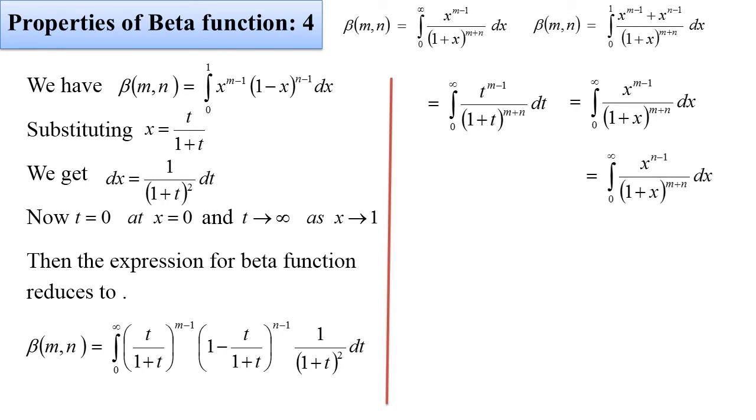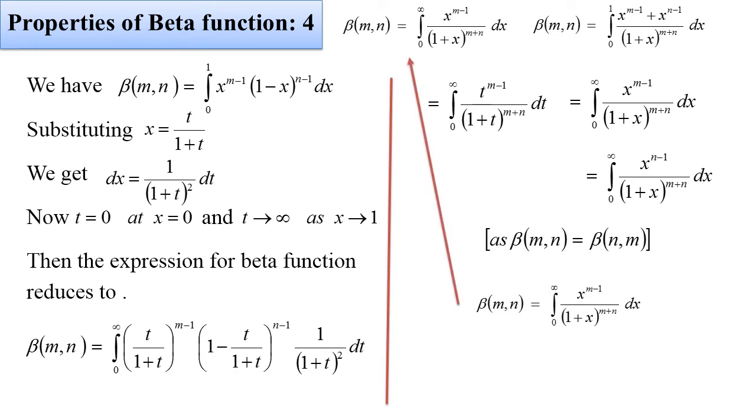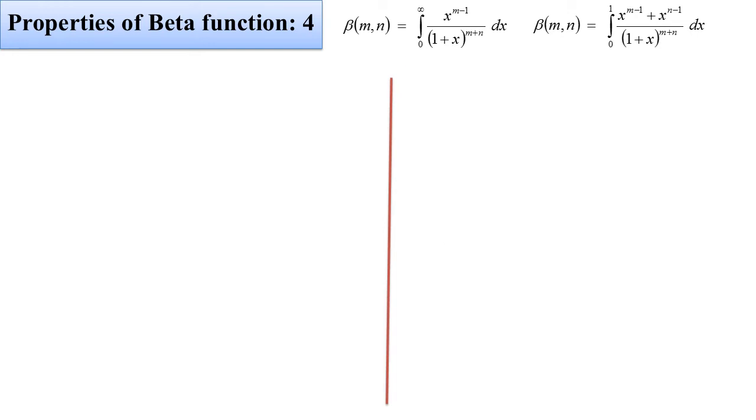Similarly, since β(m,n) equals β(n,m), we have the integral from 0 to infinity of x^(n-1) over (1+x)^(m+n) dx. Thus we prove the first part here. Now we use this result to prove the second part.